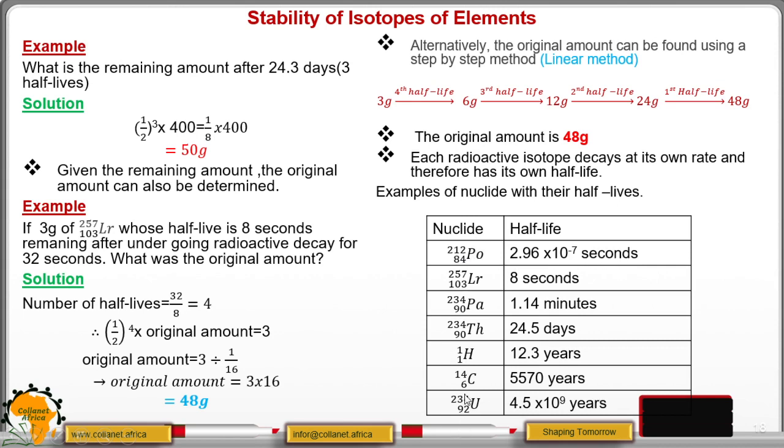All these are isotopes, and they have different half-lives, ranging from seconds to years. For instance, you have carbon-14 here that takes 5,000 years and more. And then you have this one that is just taking 8 seconds. So in other words, some elements have a longer half-life and others have a very short half-life of a few seconds.